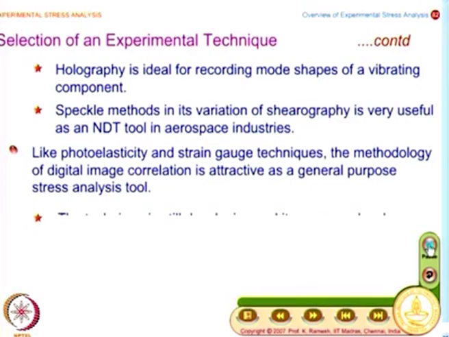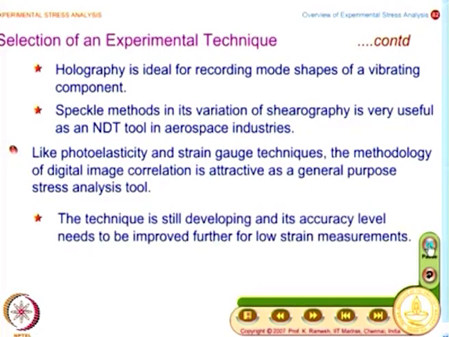And what you need to look at is, I have been saying photoelasticity and strain gauges are general purpose tools. On similar lines, the methodology of digital image correlation is also attractive as a general purpose tool. The technique is still developing and its accuracy level needs to be improved further for low strain measurements.